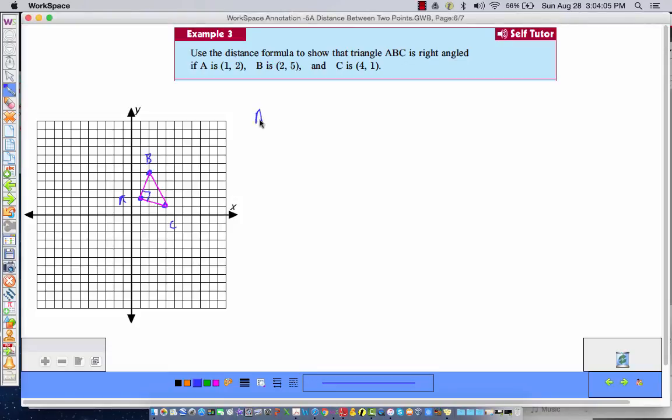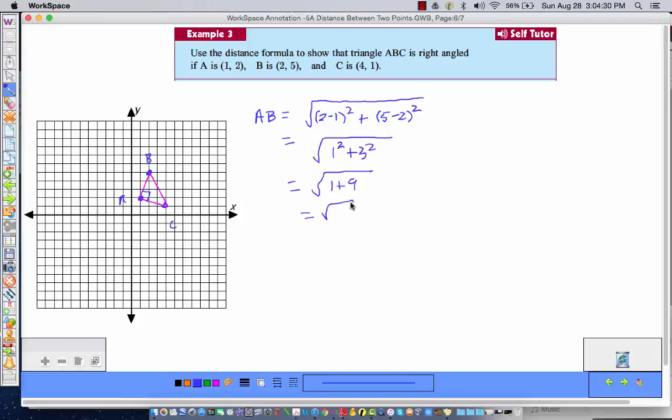Okay, so let's find the distance between A and B. It equals the square root of the difference of my x terms, 2 minus 1 squared, plus the difference in my y terms, 5 minus 2 squared. That is equal to the square root of 1 squared plus 3 squared, equals the square root of 1 plus 9 equals the square root of 10.